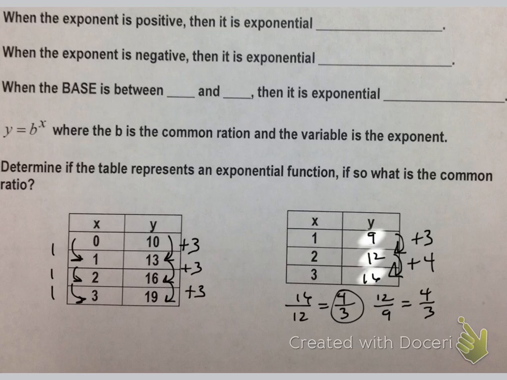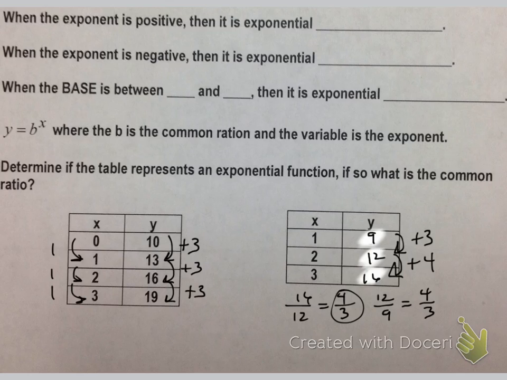Since it's plus 3 and plus 4 on the right side, since you're adding 3 and adding 4, wouldn't you just put that into a fraction?